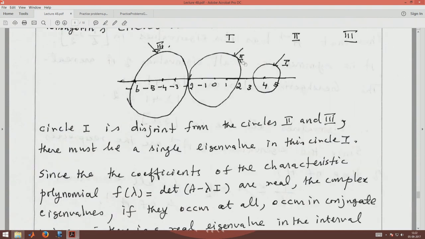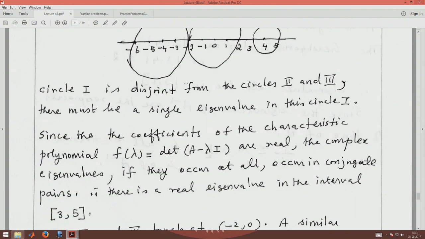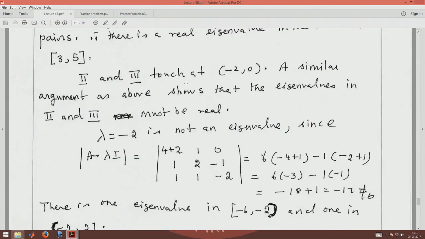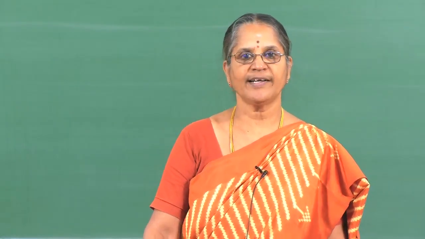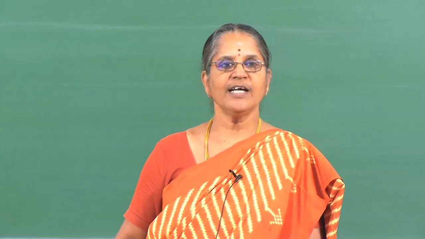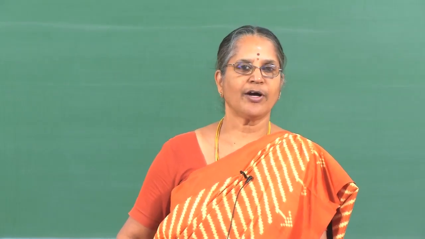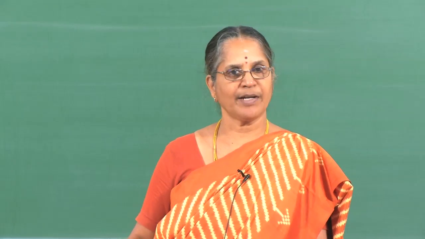The other 2 eigenvalues lie in the union of the other 2 circles, is what we know. But we observe that these 2 circles touch each other at the point -2. So, we would like to see whether -2 is an eigenvalue of the matrix A. How do you check whether λ = λ0 is an eigenvalue of a matrix A? You just have to see whether it is a root of the characteristic polynomial, determinant of A - λI equal to 0.